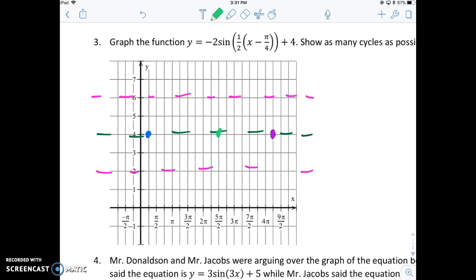Halfway between the blue one and the light green one will be our minimum value, which will be down here. And our maximum, on the right side between the middle green point and the purple point, will be up here.